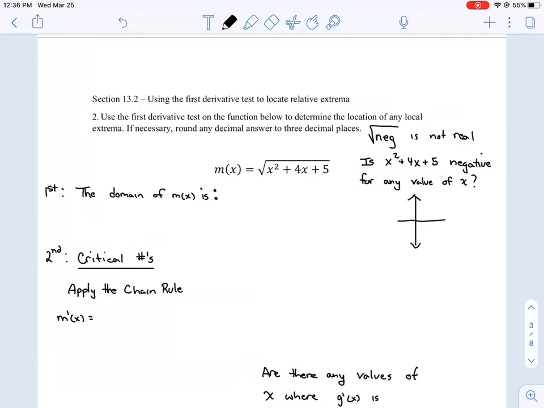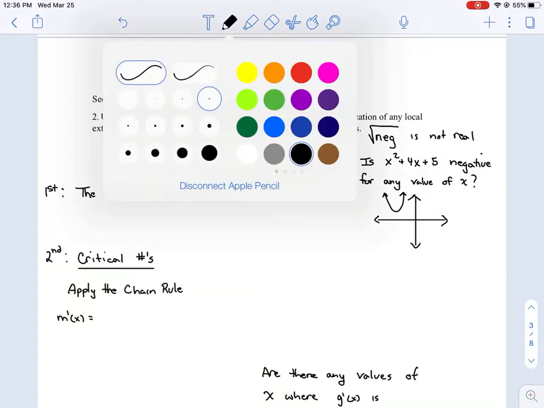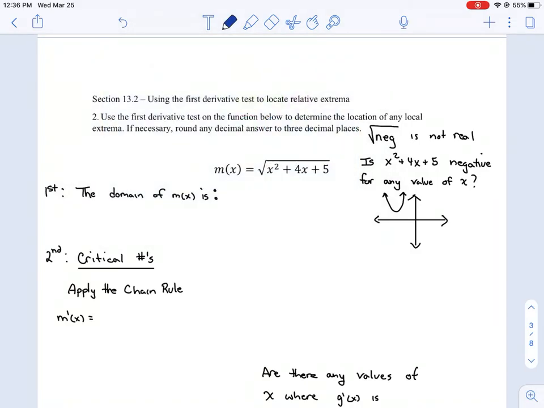So if you were to do that, you're going to get a parabola that's over here in quadrant 2 that doesn't cross the x-axis. So not only does x squared plus 4x plus 5 never become negative, it never equals 0 either.